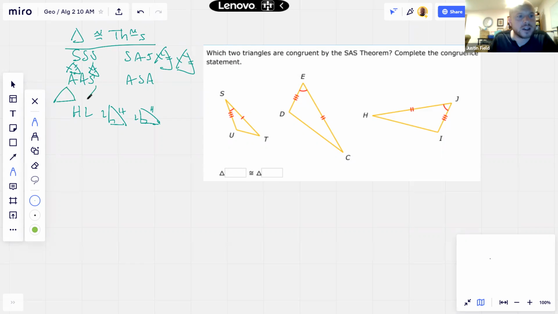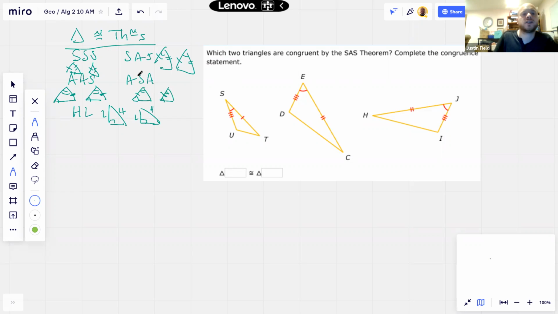I know that this may make no sense yet, but if you're listening, that's good. Angle, angle, side means we have an angle, we have a separate angle, and then after the 2 angles, we have a side. Angle, side, angle means we have an angle, and then a side, then another angle.